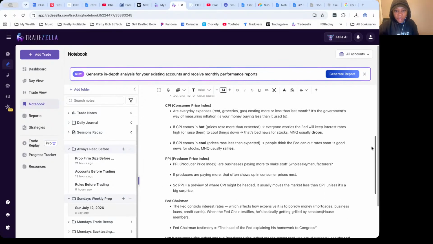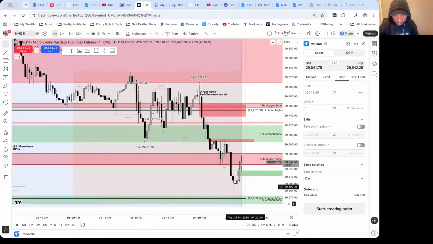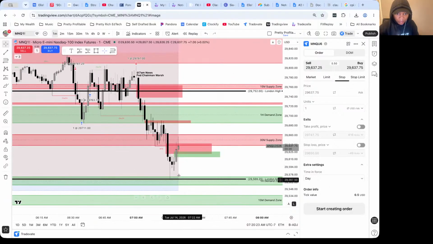Price is respecting this demand zone, but I haven't touched it yet. It touched it here, but it wasn't a rejection candle.